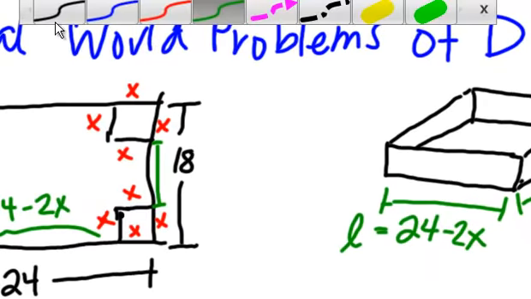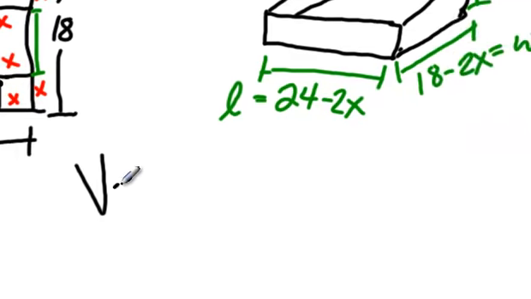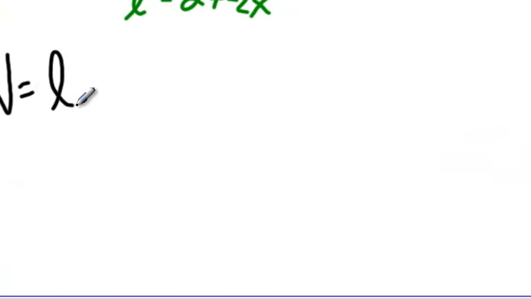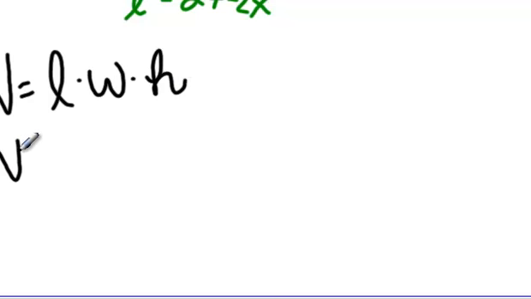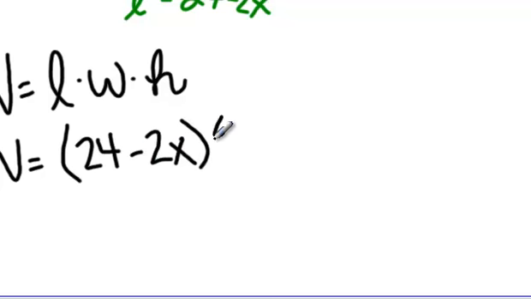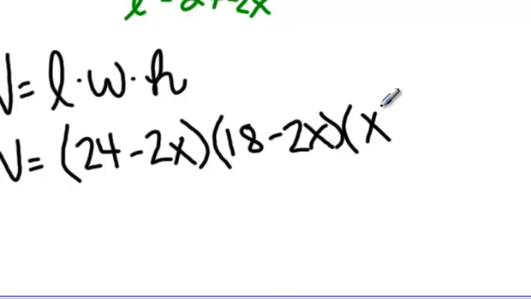Well, you should know that volume equals your length times your width times your height. So in this case, our length is 24 minus 2x times our width, 18 minus 2x, times our height, which is x.